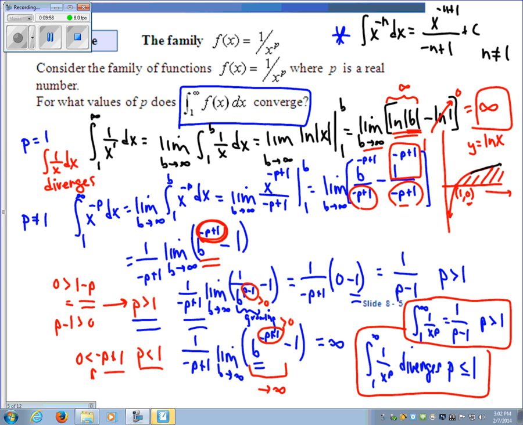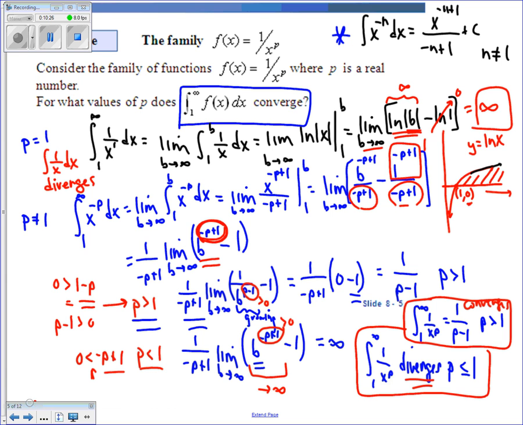The integral of 1 over x to the p converges when the p is bigger than 1, and we know what it converges to. It's 1 over p minus 1. It will diverge, though, when the p is less than or equal to 1. So that means that area will continue to grow if the p is less than or equal to 1, whereas if the p were bigger than 1, that area is going to taper off, and we can actually find the finite value for that area.